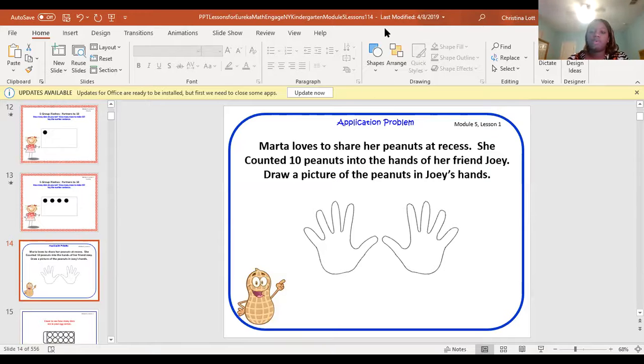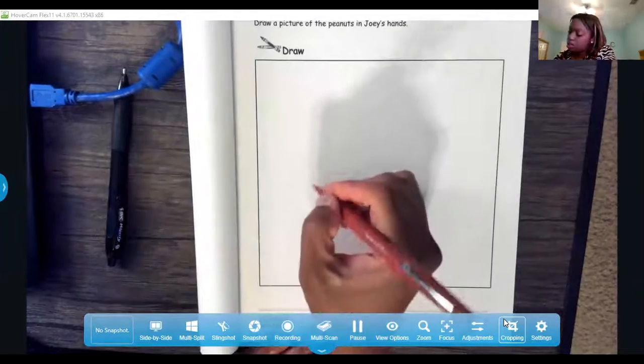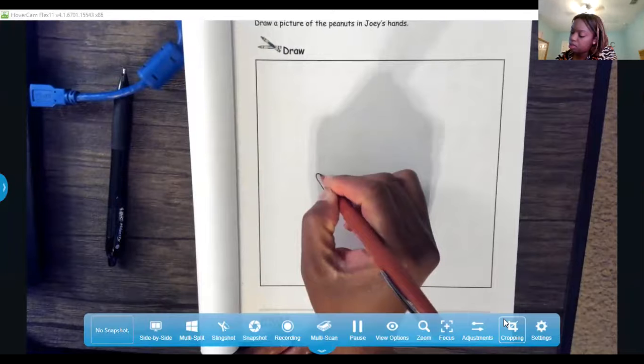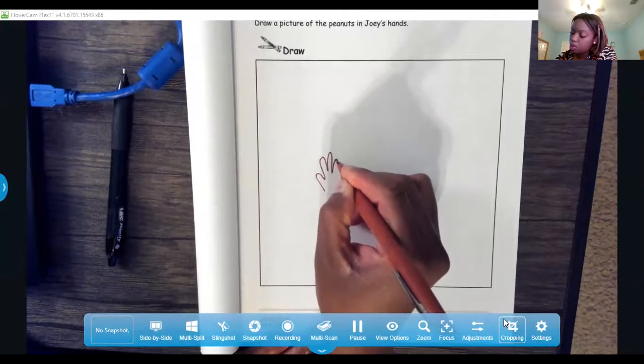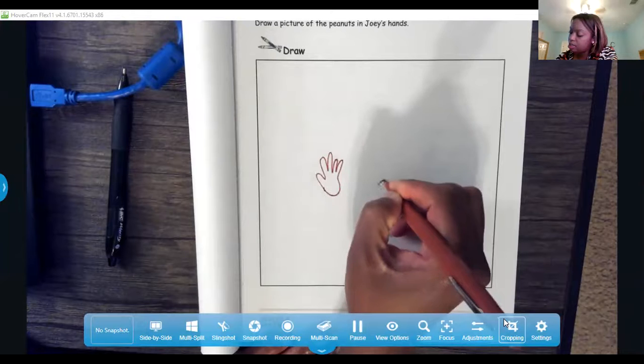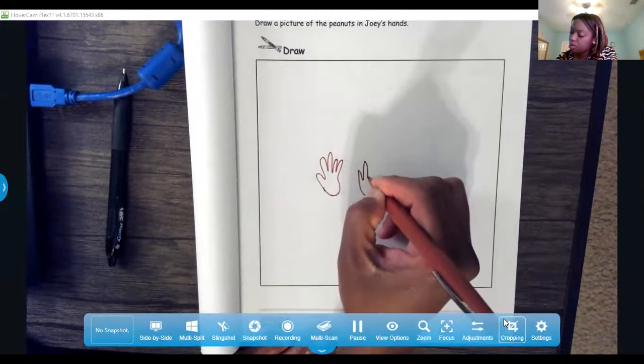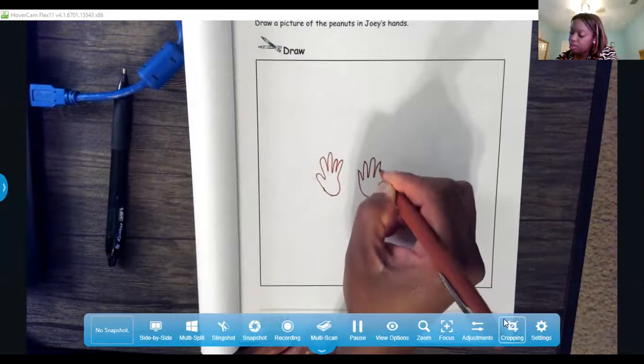So we're going to flip over so we can do this together. My hands aren't going to be great, guys, but a hand is a hand. Oh, wow. That is a rough one.